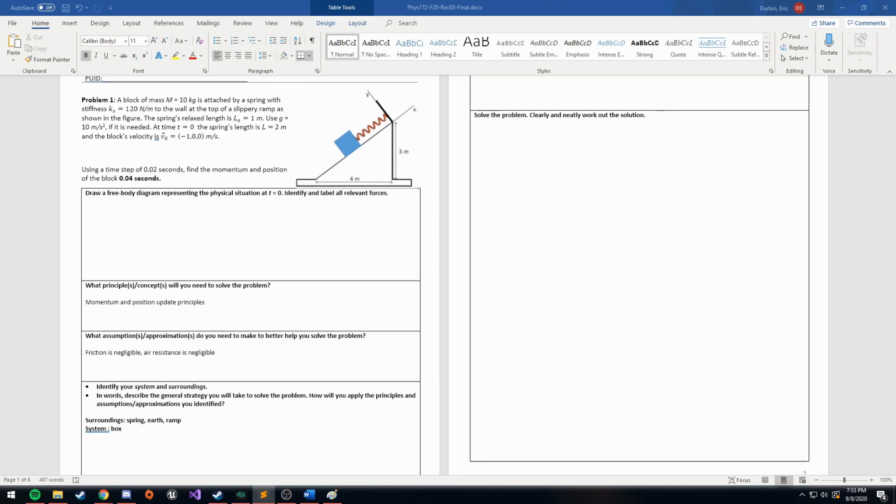Okay, so what's our initial position? Our initial position is -2, and that is because the spring's length is 2 meters and the spring is only on the x-axis. But the spring at rest is 1 meter. But the spring isn't at rest at t equals 0. The spring at t equals 0 is 2 meters.